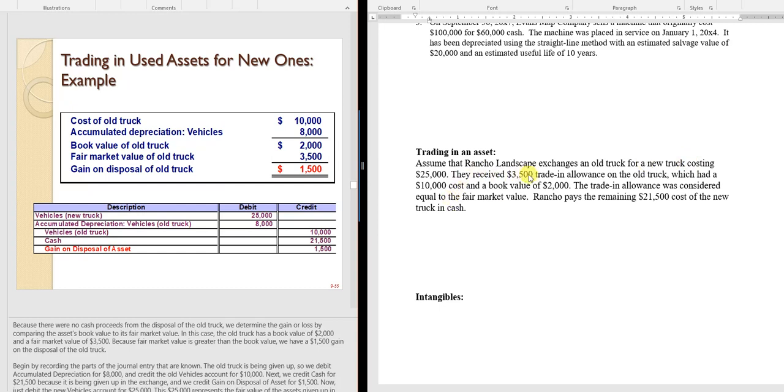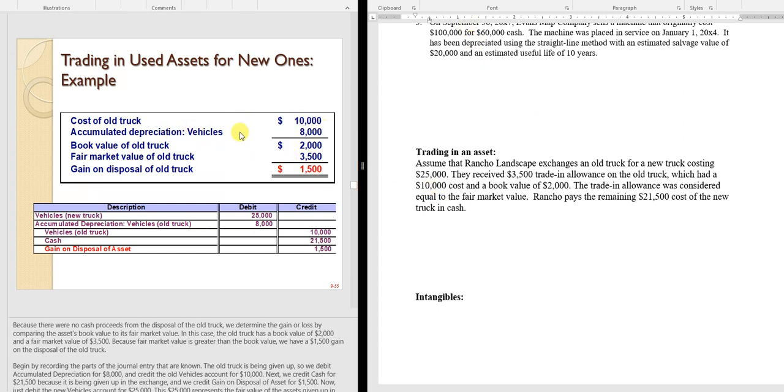They received a trade-in allowance, so sometimes you have to work through this. I have the cost of the old truck, $10,000.